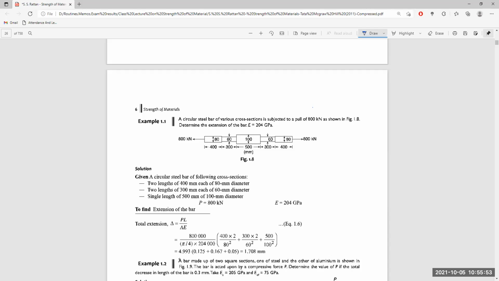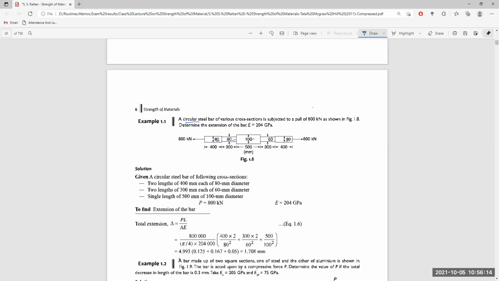What is shown here is a circular bar of various cross sections. The cross section here is 80, this is 60, this is 100, all in millimeter. I think it's not very clearly written. And 60, 80.